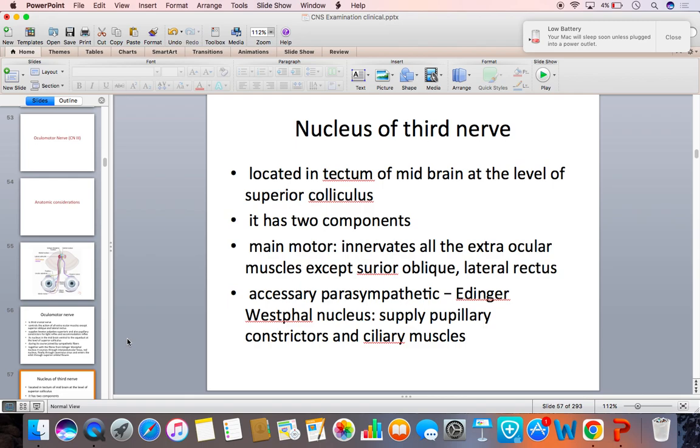The main motor nucleus, through its axons, innervates all the extraocular muscles except the superior oblique and the lateral rectus. And the Edinger-Westphal nucleus supplies the pupillary constrictors and ciliary muscles.